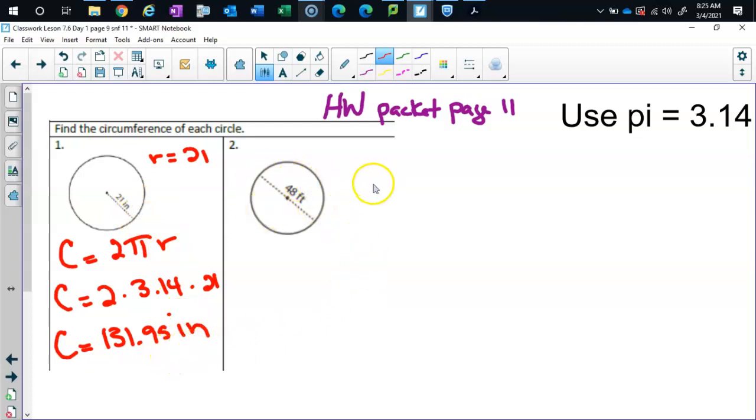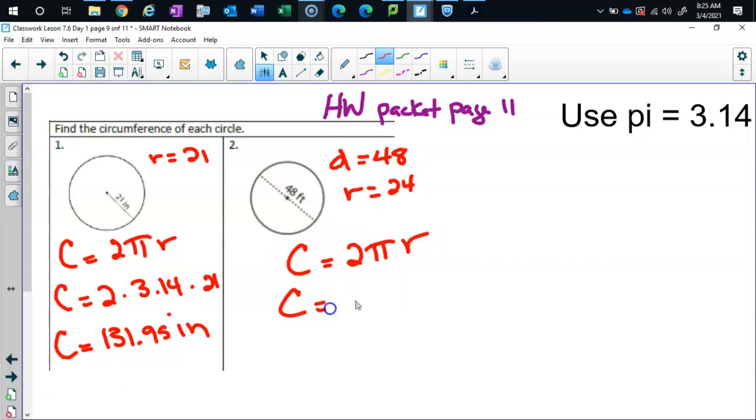It just has inches for its label. Okay, number two, take a look at what they gave you first. Pay attention to that. I want you to find the circumference. Use 3.14 for pi. Go. All right, first things first. What do they give you here? They give you the diameter is 48. So the radius, divide that by 2, is 24. So here we go. Circumference is 2 pi r.